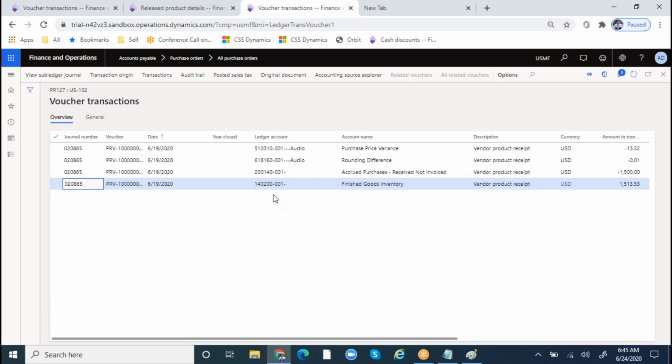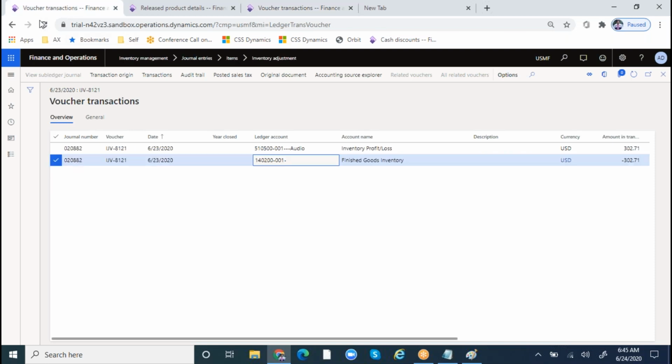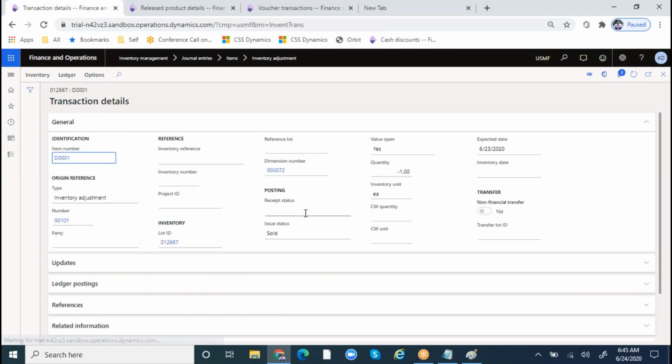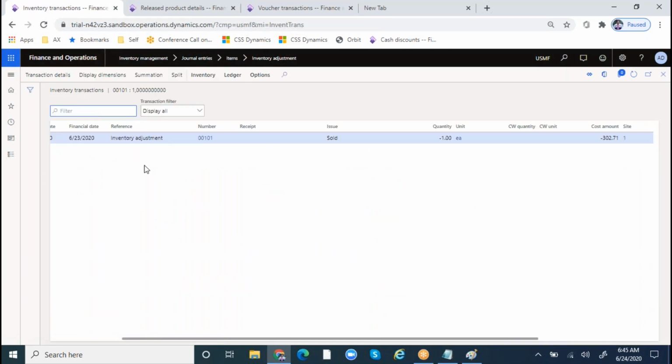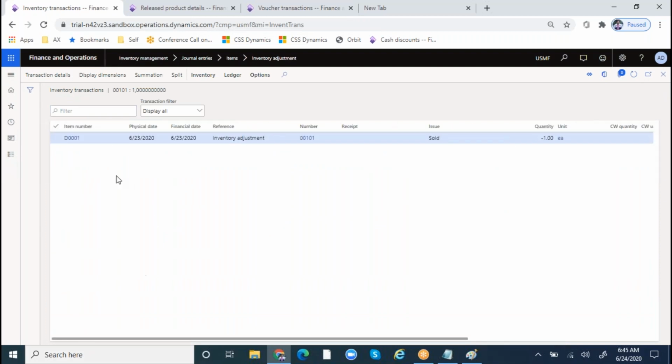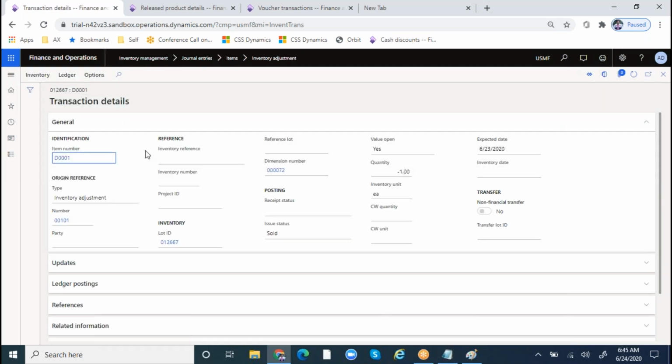Here in this, you are sending the material and you are doing the invoice. These are two different tasks. Whereas here in the inventory adjustment journal, you are not doing it separately. This is only one voucher. It will affect directly.